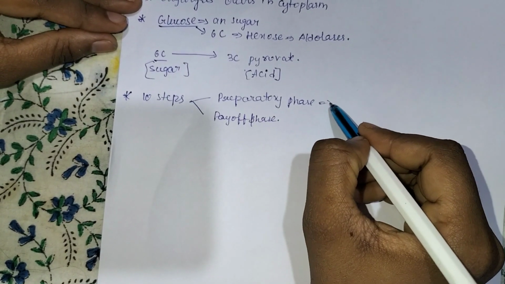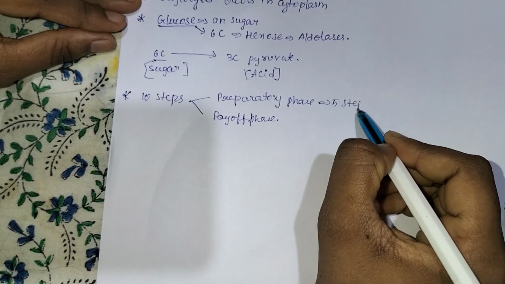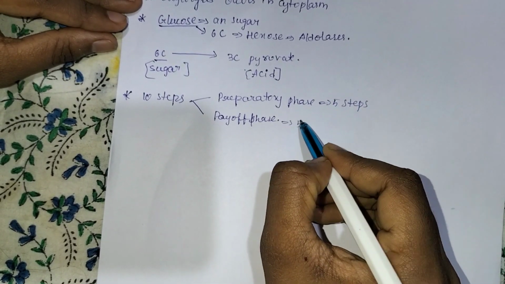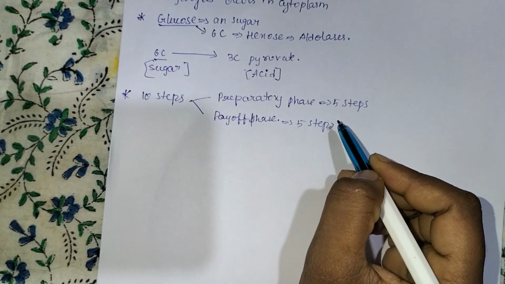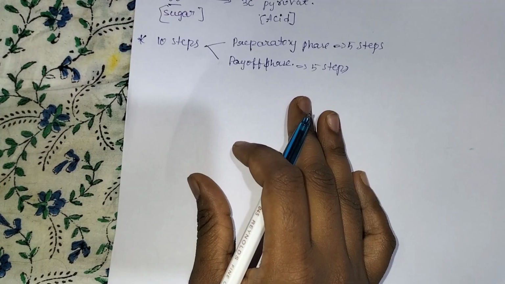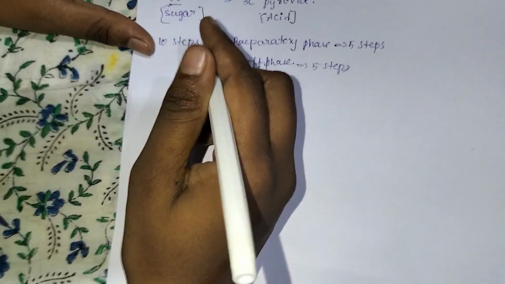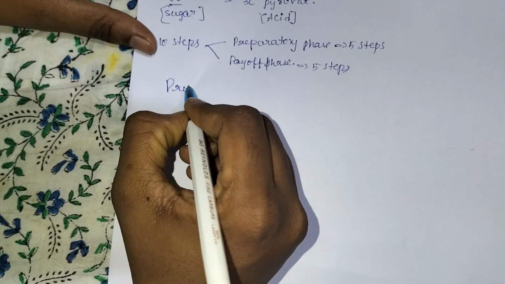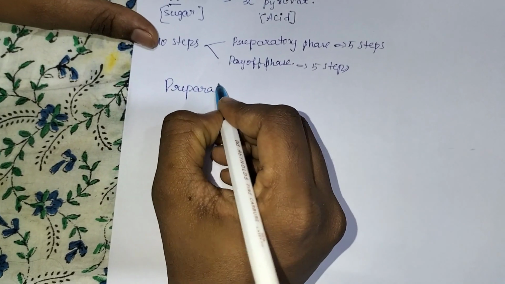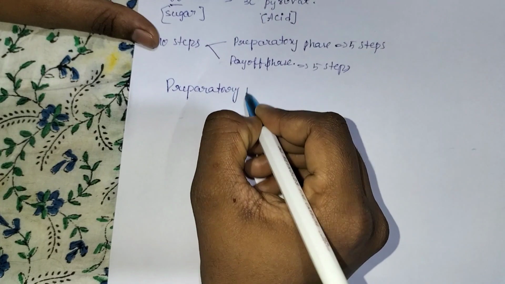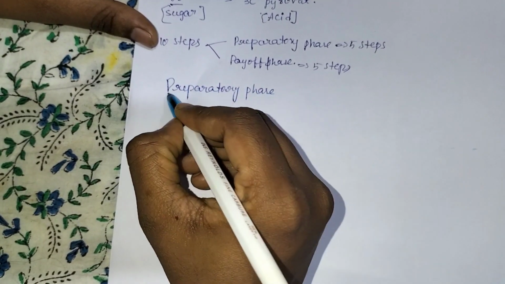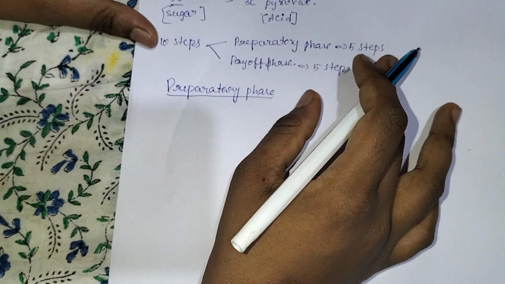Okay, so here we have 5 steps and here we have 5 steps. So next we'll learn about the preparatory phase. As said, in the preparatory phase we have 5 steps.